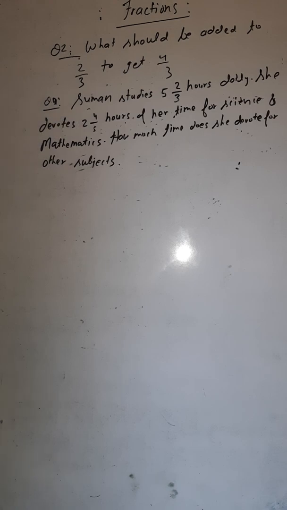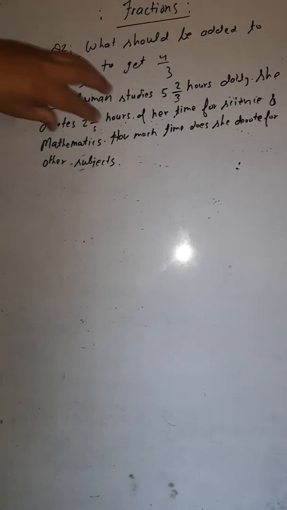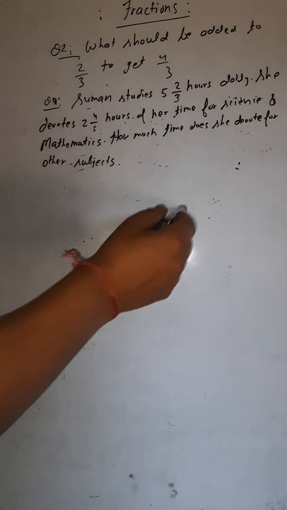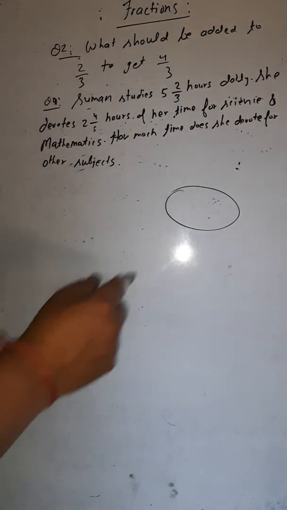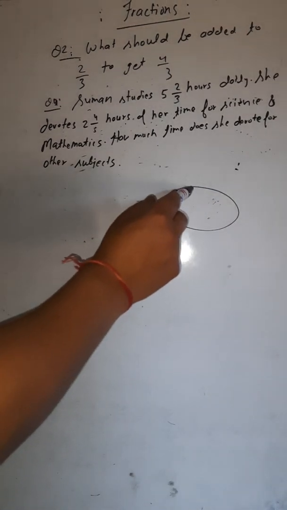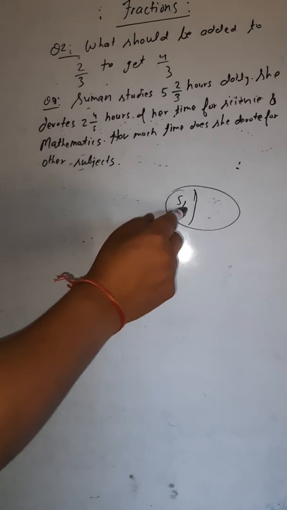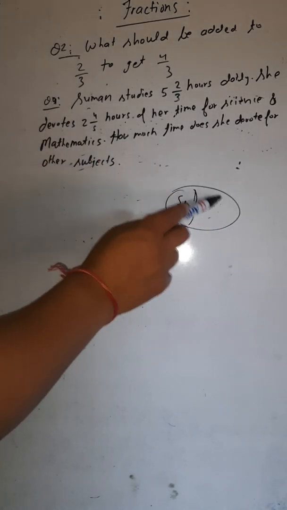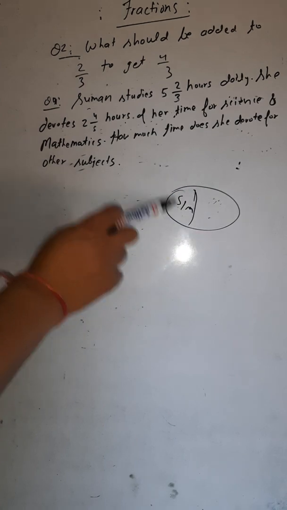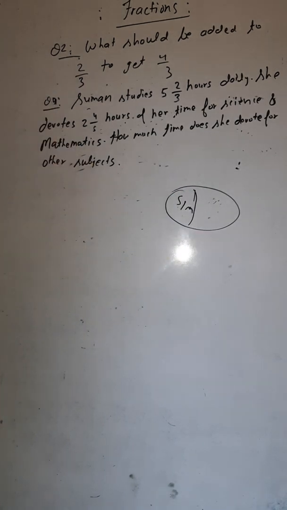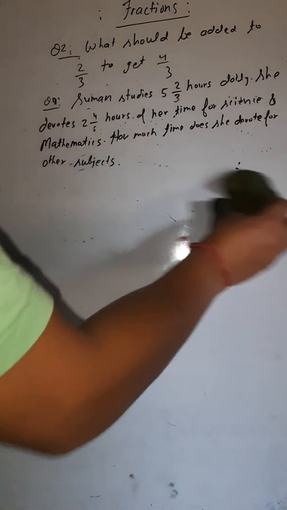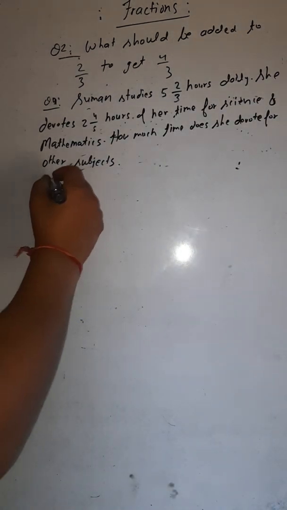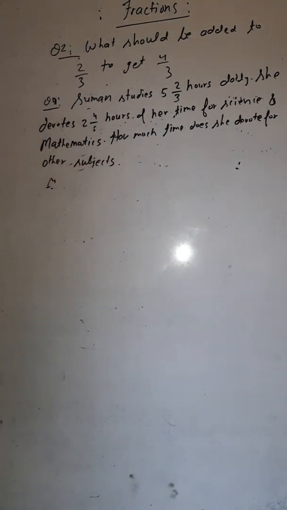Subtract, because this is the total time, and out of this some time she is giving for science and mathematics, and the left time she is giving for other subjects. So total minus science and mathematics time, when you subtract them. Are you getting this? Just find how much time she devotes for other subjects.